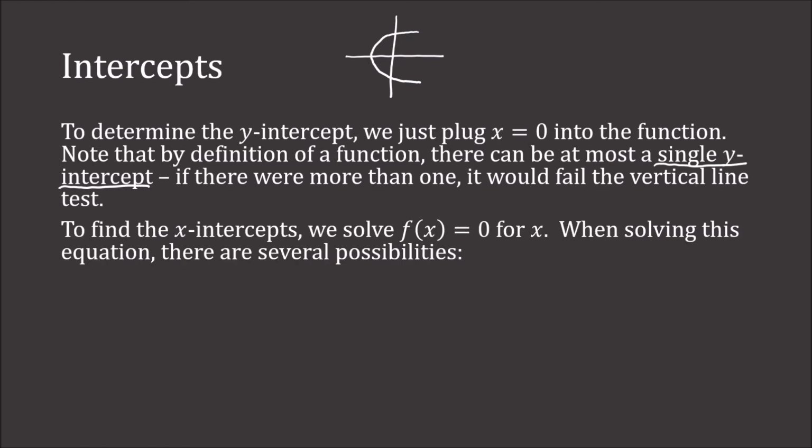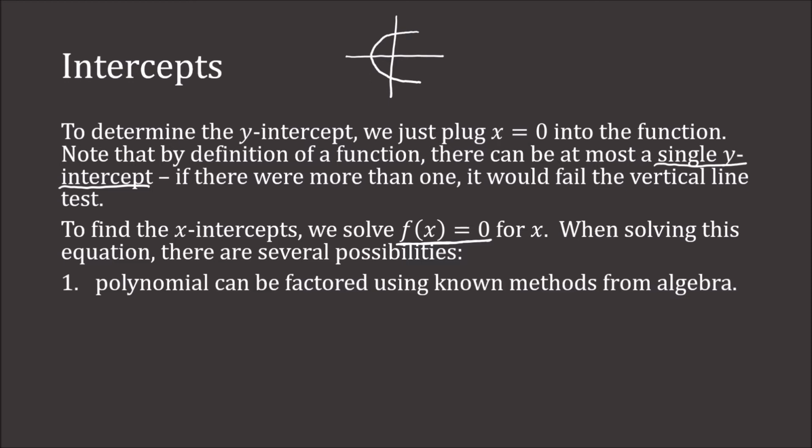To find the x-intercepts, we must solve f of x equals 0 for x. When we're solving a polynomial of this form, f of x equals 0, there are several possibilities. The first is that the polynomial can be factored using known methods from algebra.